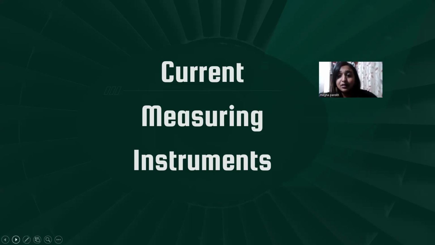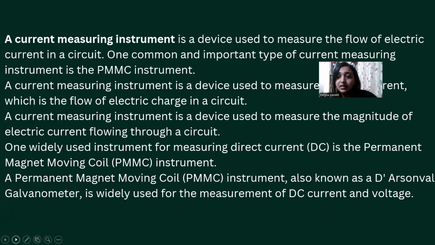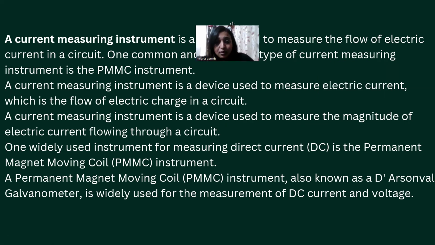So in current measuring instruments, first we will see what a current measuring instrument is. The name itself shows that a current measuring instrument is nothing but a device used to measure the flow of electric current in the circuit. So one common and important type of current measuring instrument is the PMMC instrument.